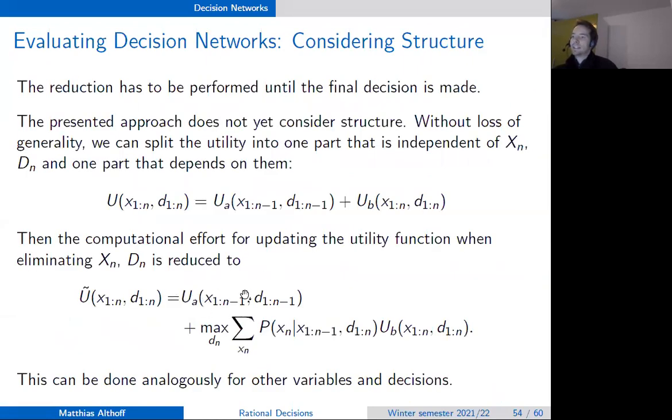So that's done here, and then we only have to find the optimal decision given UB, and UA, as I said, is not relevant. This is just, I mean, you don't need this, it just saves you computation time.